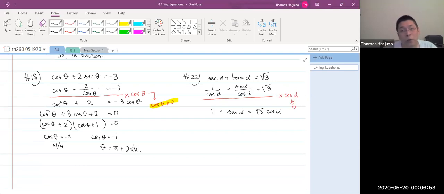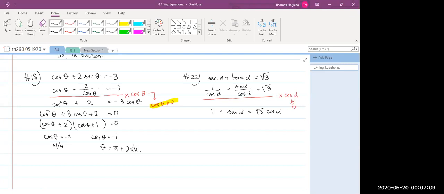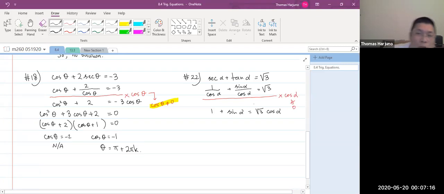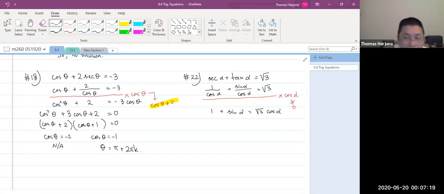If you have this kind of situation, where you have sine and cosine, we try to make sine become cosine or cosine become sine. Do we take it to the power of 2? Yes, in this case, because I cannot make cosine become sine, the next option is to square both sides.